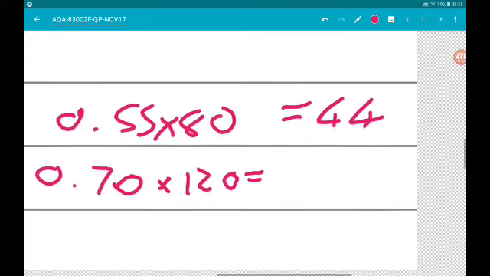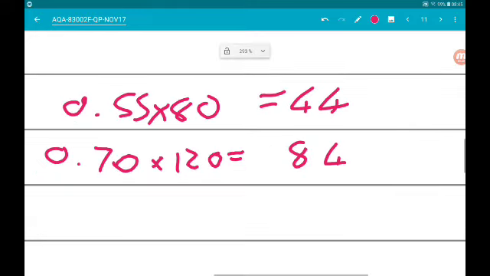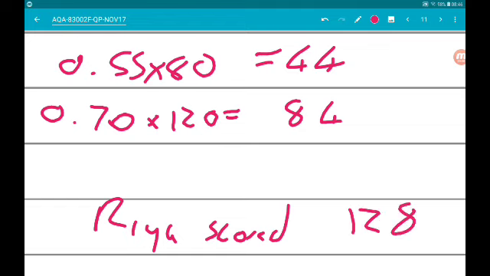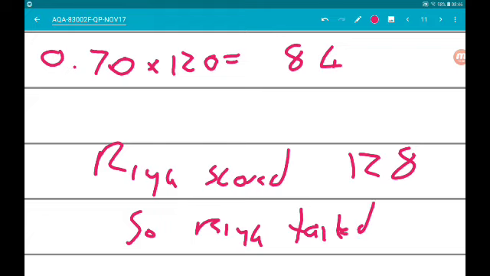So that's 84. Now Ria's score then, is those two added together. So that's 128. So Ria failed. Oh dear.